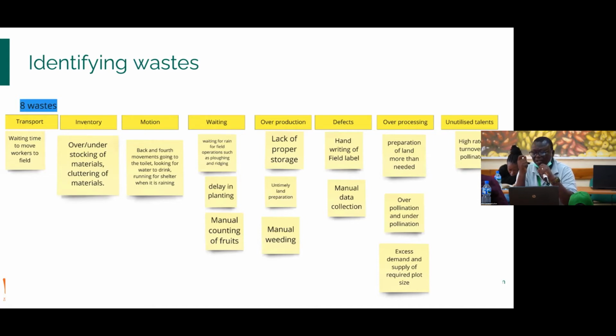it's a challenge. In the area of overprocessing, land preparation could be done and it is more than what is needed, or 1 hectare is requested for, half hectare is planted. Over-pollination and under-pollination were also identified. And unutilized talents that we identify come in the area of high turnover of pollinators.